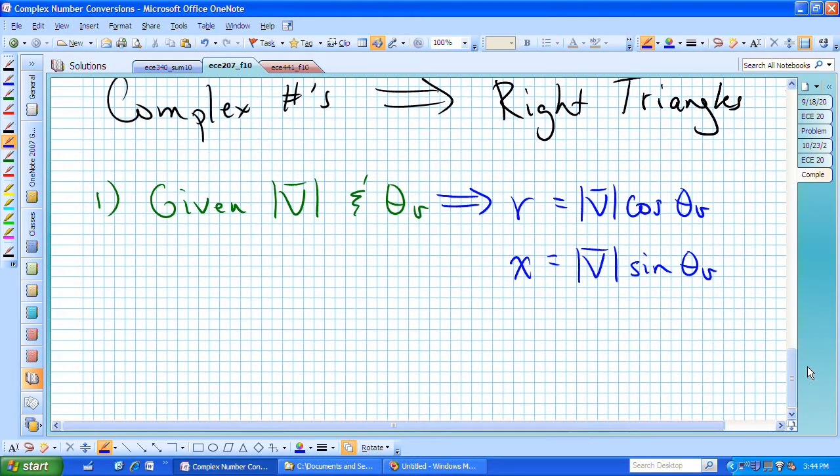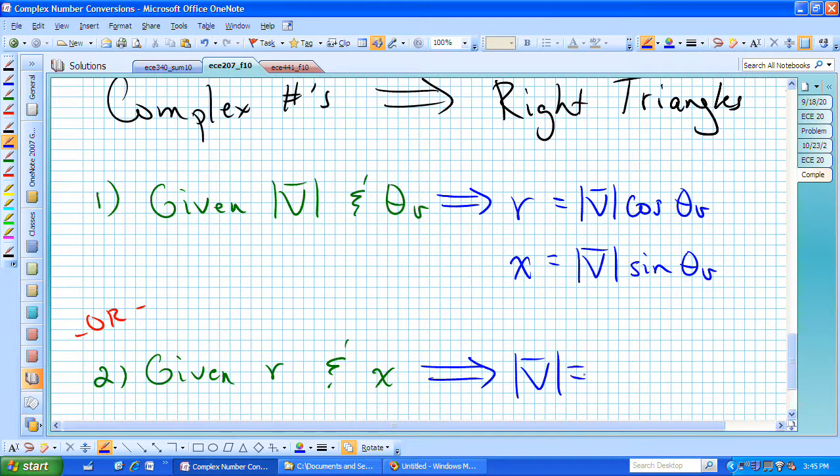You could also be given that information in rectangular form, meaning you could be given the real part and the imaginary part and have to determine what the magnitude and angle are.